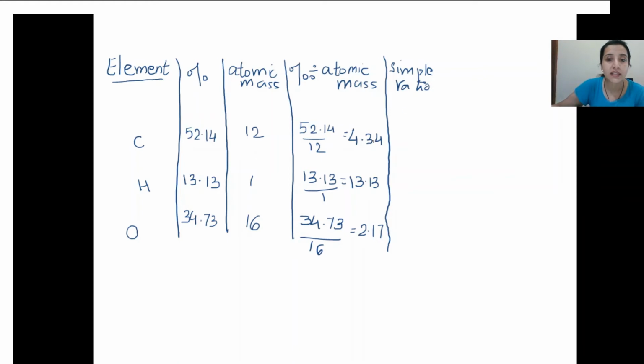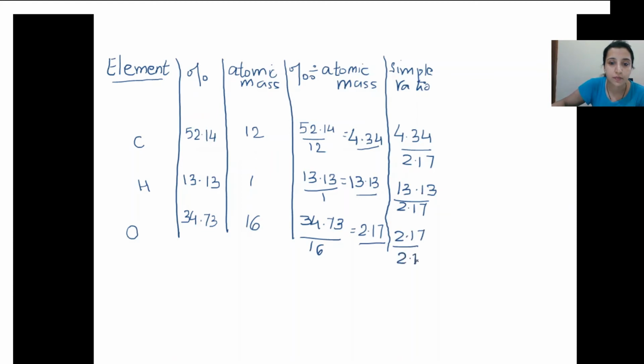Now to calculate the simple ratio out of these three numbers, can you let me know which is the smallest number? Yes, it is 2.17. So our next task is to divide all the numbers we have calculated in the previous column by the smallest number among the three, which is 2.17.